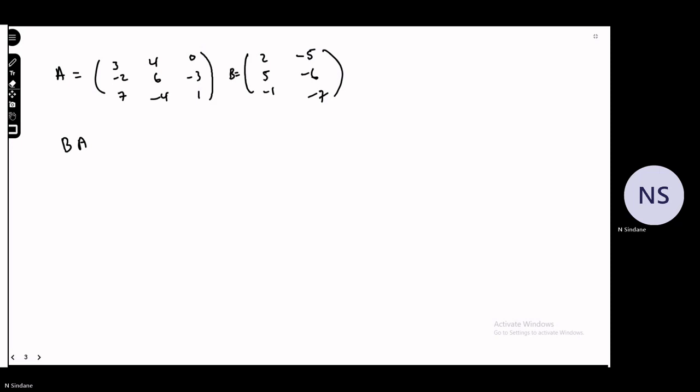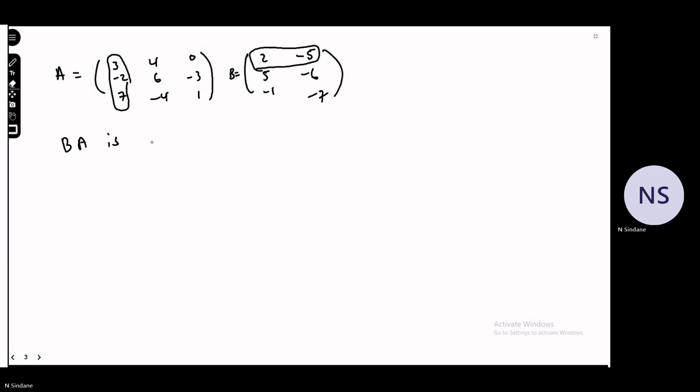But remember, when you're multiplying matrices, you multiply a column by a row. In this case, your columns are not equal to your rows, so this is impossible.